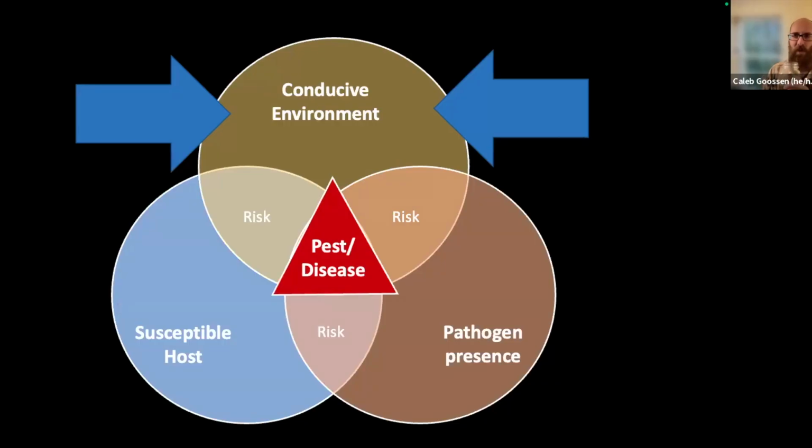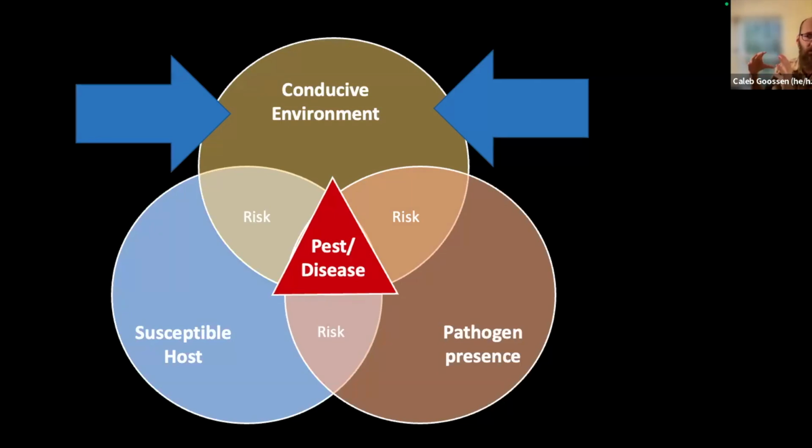Okay, then back to our idea of the pest triangle. What can we do? Where can we apply those controls? We can tweak things with our susceptible host. Do we have good soil health? Do we have a good resistant variety? How susceptible is it?